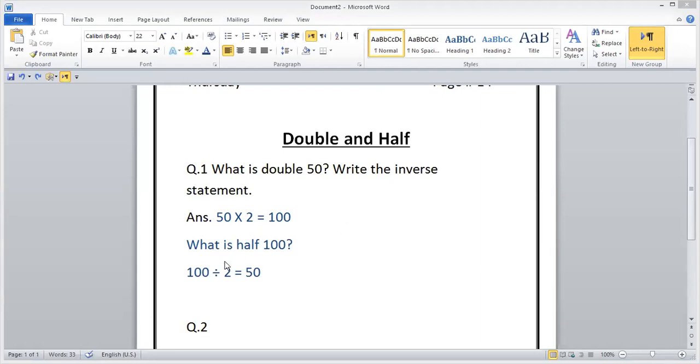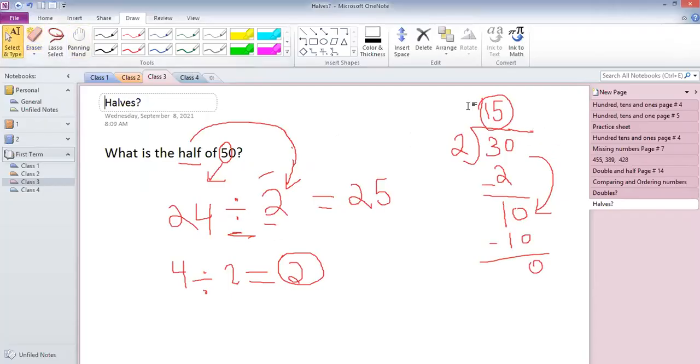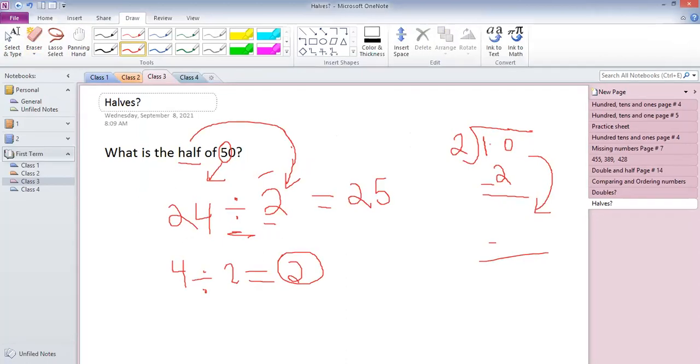Is anyone who did not understand? Guys, if you want, I can show the division of this also. 100 divided by 2. How does 100 divided by 2 equal 50? Look here. I will write 100 inside and 2 outside.